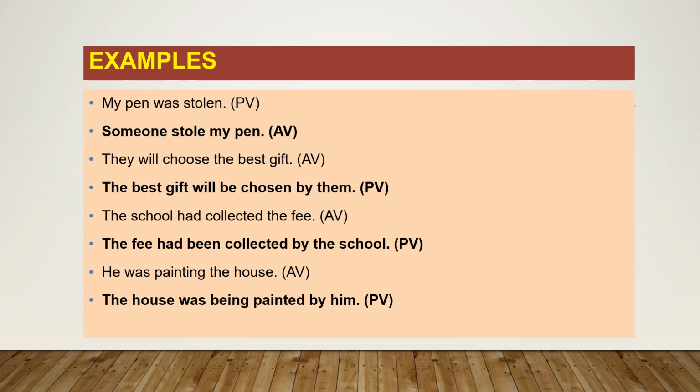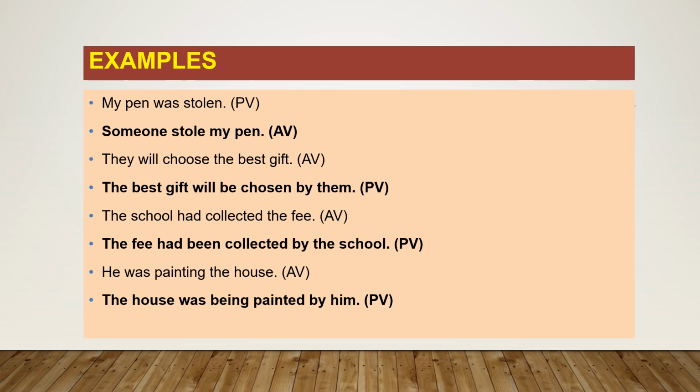So since we are not planning to put any specific noun here, we have to just leave it. We don't know who has stolen. So in the active sentence, what happens is you use an indefinite pronoun. Then you say someone stole. Was stolen, you change it in the opposite direction from what we are doing. Was stolen is the passive form. Now stole is the active form. My pen is the subject here, it becomes object.